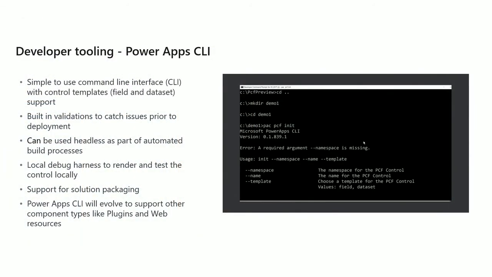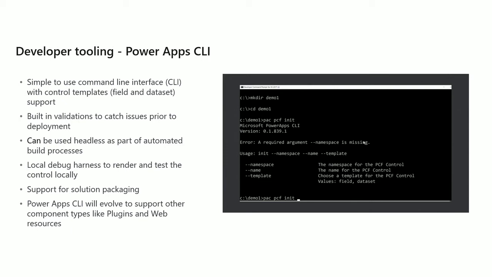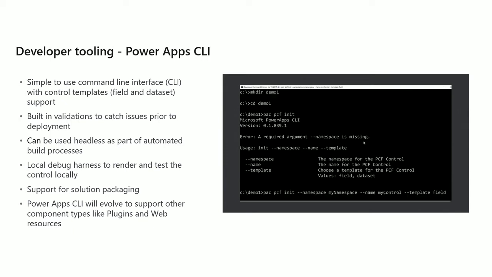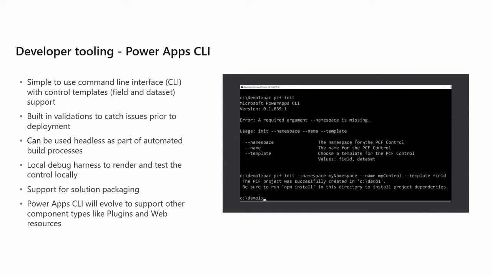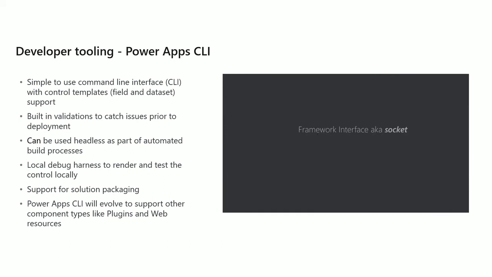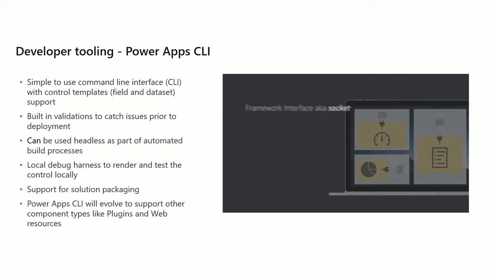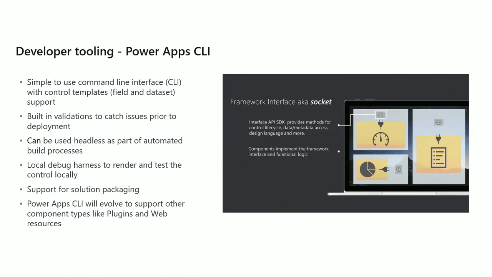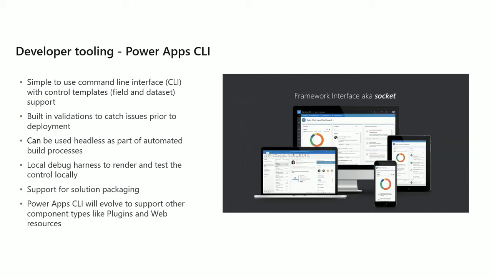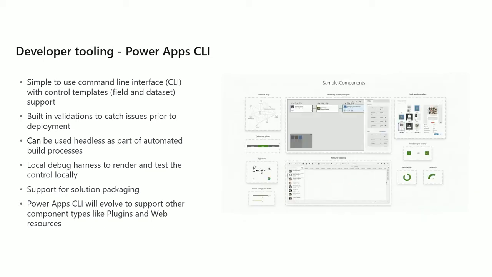And we have GA'd the CLI tooling for the component framework, which enables developers to build the controls and test them locally on a debug harness. So that was one of the big feedbacks from users, that once I build the control, I have to install it, publish a solution, go to a field, configure it, publish it again, and then see it, right? And oh, there is a bug.